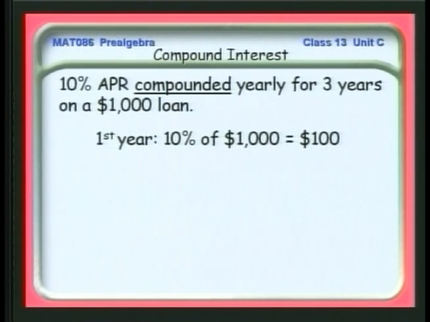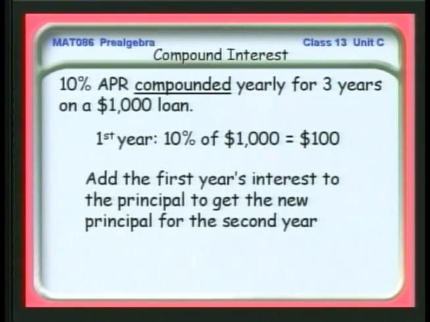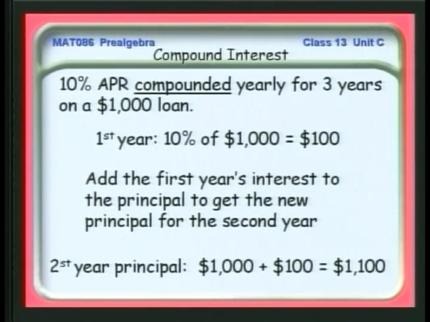At the end of the first year, we would have $100 in interest. Then we would add the interest to the principal to get the new principal for the second year. To start the second year now, we wouldn't calculate the interest on the original $1,000. We would calculate it on the $1,000 plus the $100 interest that accrued at the end of the first year.